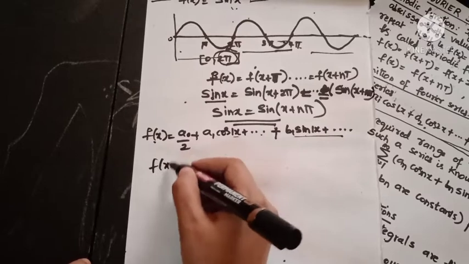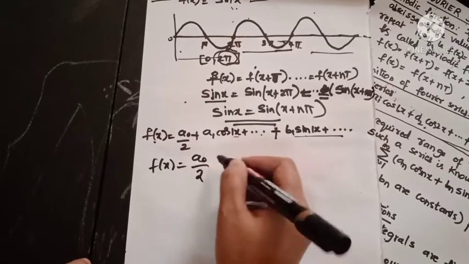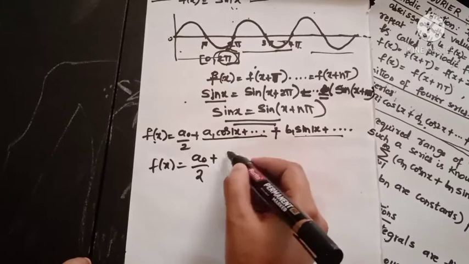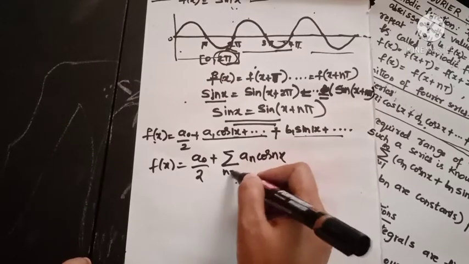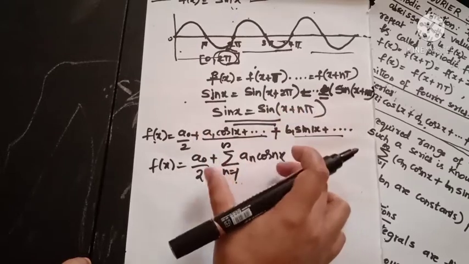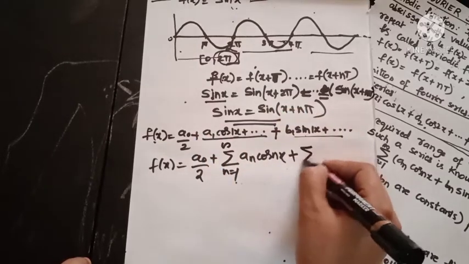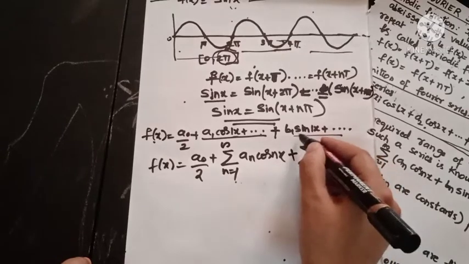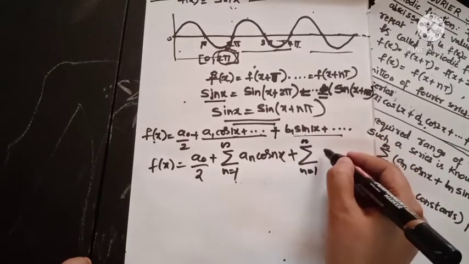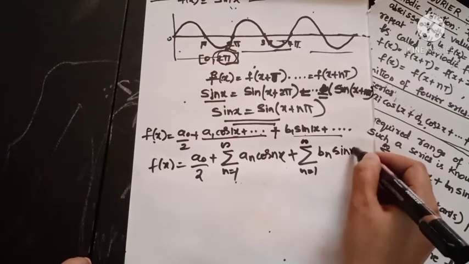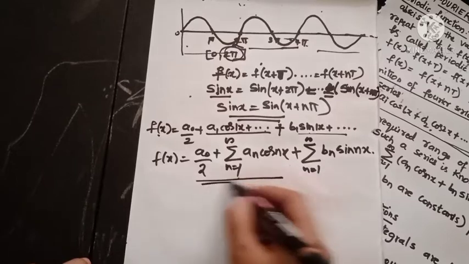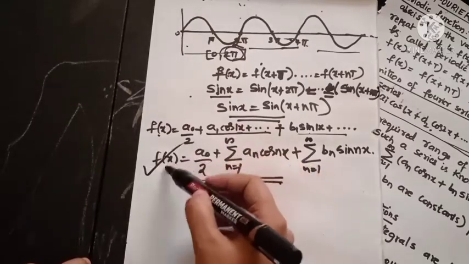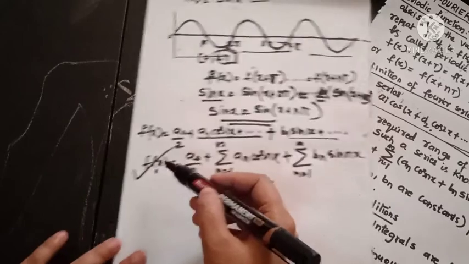So f of x is equal to a0 by 2 plus the summation of an cos nx, where n is 1 to infinity. It is an infinite series, so I write it like this in short form. And the sine series will be the summation, n equal to 1 to infinity, of bn sin nx. So this is the Fourier series of any function, which should be a periodic function.